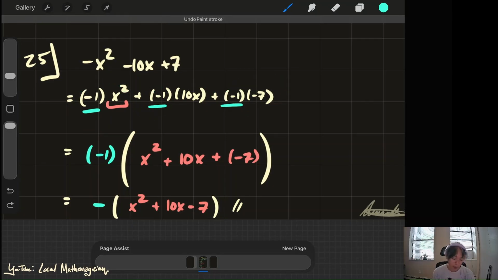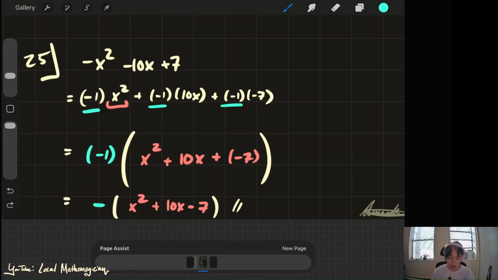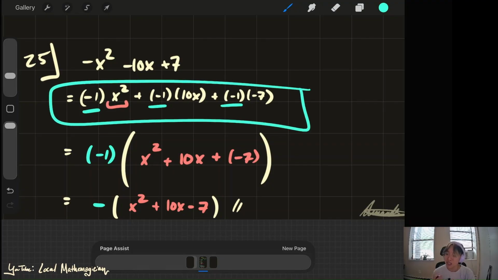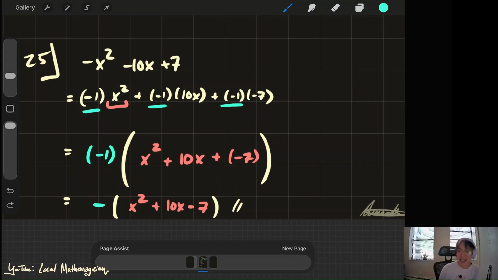I want you to do it like this until it's so muscle memory, it's boring and tedious, and you never have to think about it again. Understand why it works, do it the long way until the long way becomes muscle memory, and then once it becomes muscle memory, you swap the signs. Because that's what swapping signs means. You've muscle memoried it.